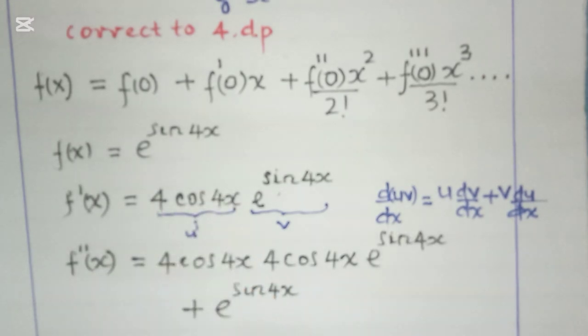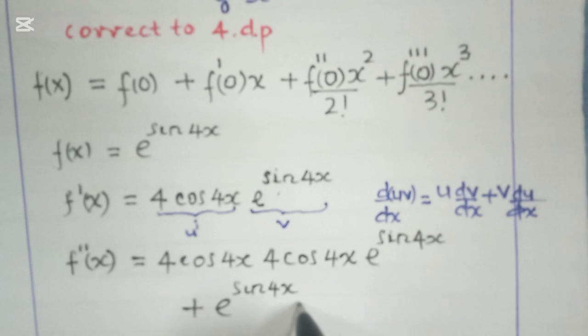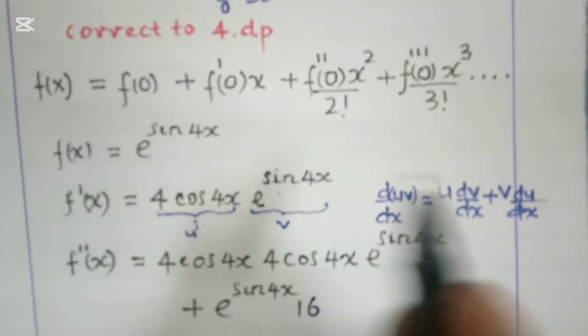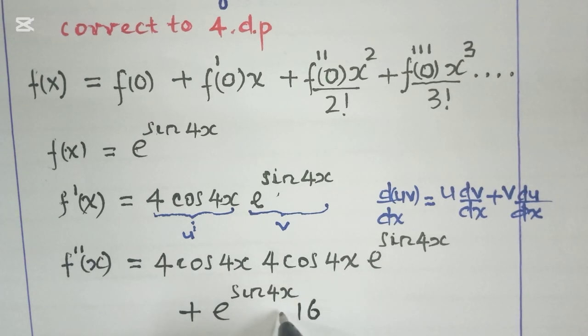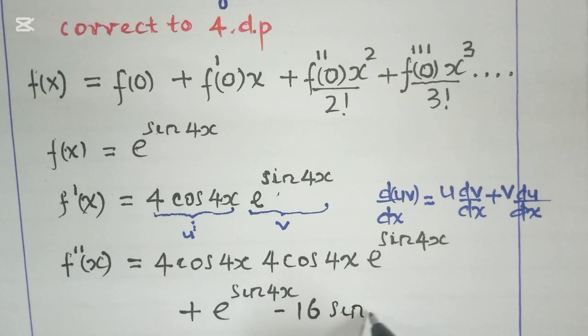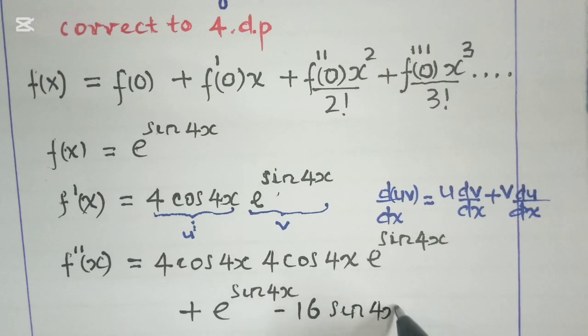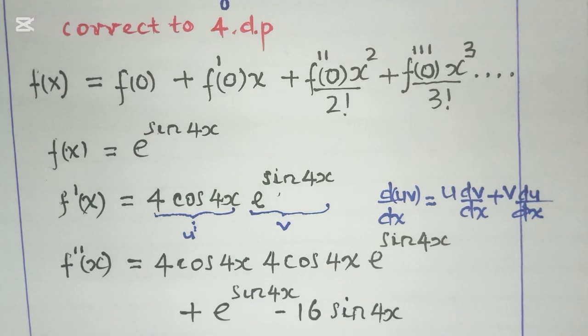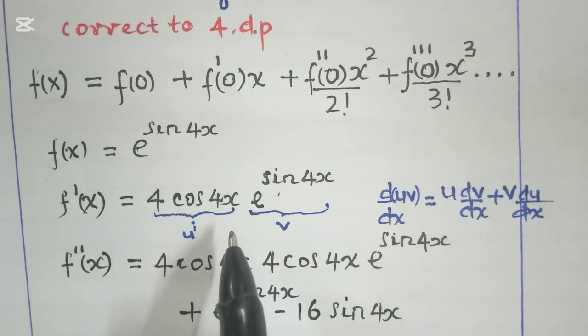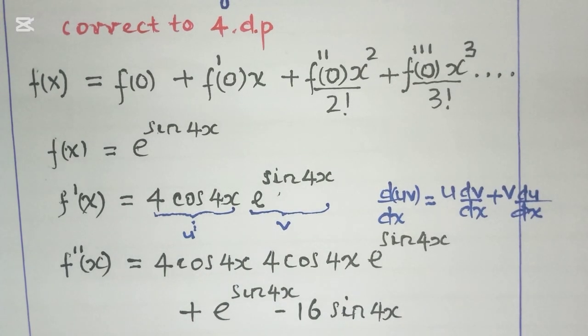I then multiply by 4, which is now 16, like that. And then differentiate cos 4x, which now gives us minus sine 4x, like that. So guys, here we are just using the chain rule and the product rule, both of them combined.